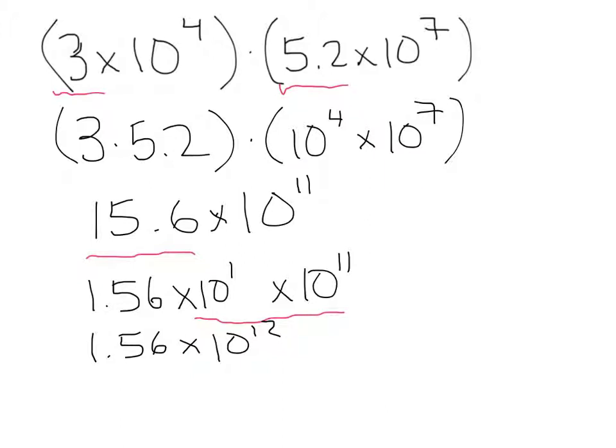Since 1 is less than 2, we only get to keep 1 significant digit in our answer, which means we should get an approximate answer here of 2, because 1.56 rounded to the first digit, keeping only 1 digit, is approximately 2. It's closer to 2 than it is to 1. So our answer would be 2 times 10 to the 12th.